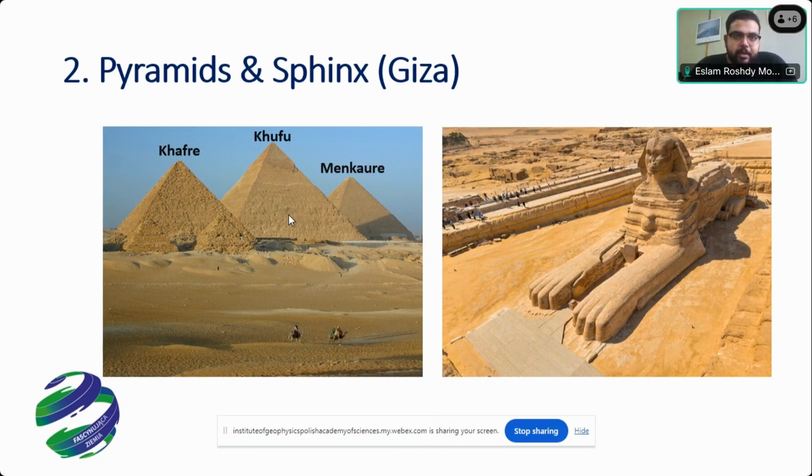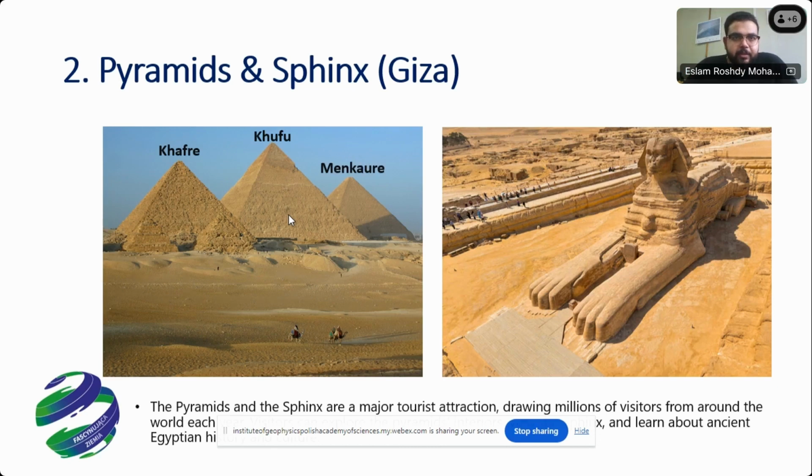The Sphinx is a huge limestone statue with the body of a lion and the head of a human. The pyramids and Sphinx are major tourist attractions, drawing millions of visitors from around the world each year. Visitors can explore the pyramids' interiors, view the Sphinx, and learn about ancient Egyptian history and culture.